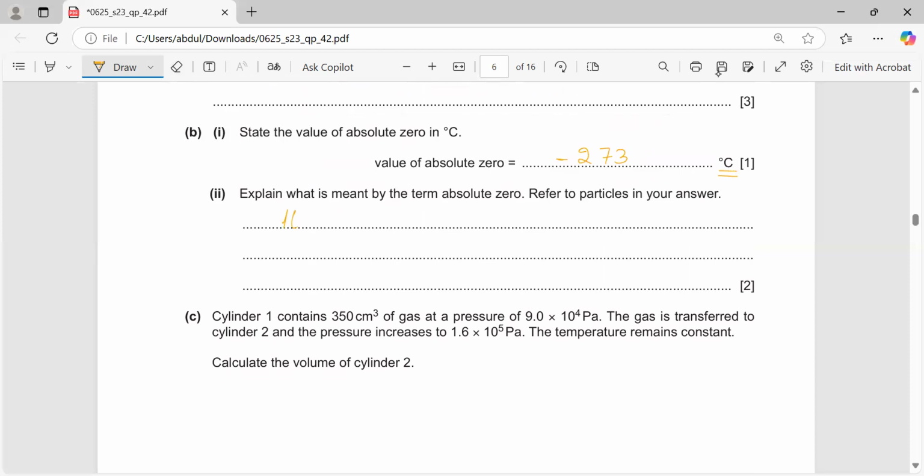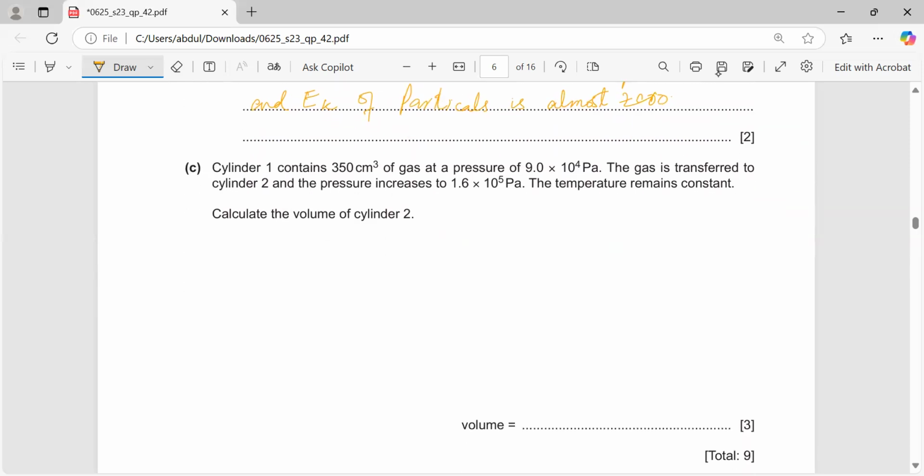So absolute zero is the lowest possible temperature, and kinetic energy of particles is almost zero. It is also a recall memory, we know this, just right to the point.